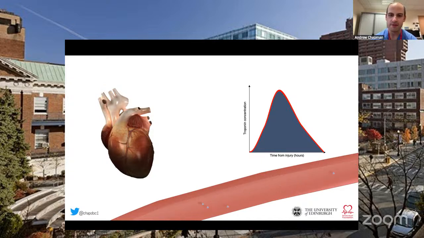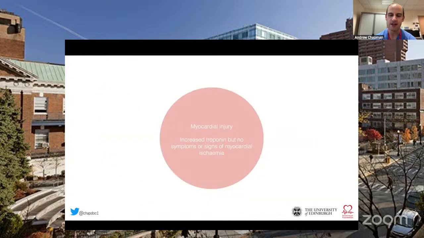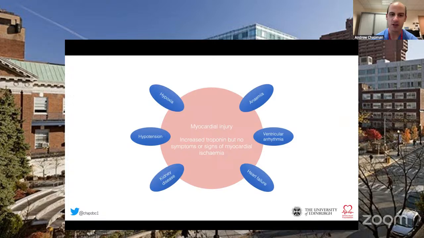I'm going to refer to the fourth universal definition of myocardial infarction throughout my talk. That is the worldwide accepted consensus that we should all be using. It defines myocardial injury as a biochemical term. An increase in cardiac troponin in the absence of symptoms or signs of myocardial ischemia would be classified as myocardial injury. That can be caused by lots of different problems, such as anemia, arrhythmia, cardiac failure, kidney disease, hypotension, and hypoxia.